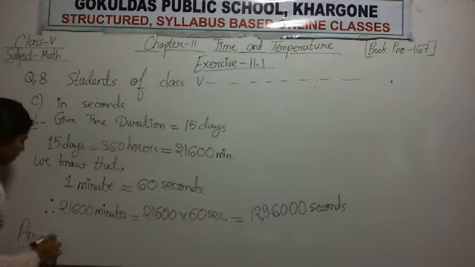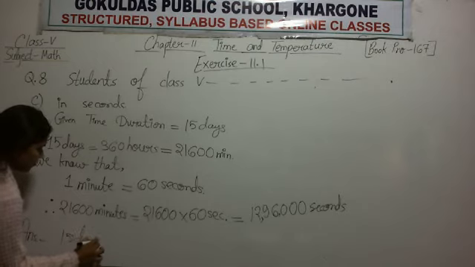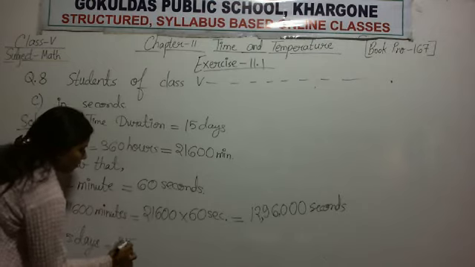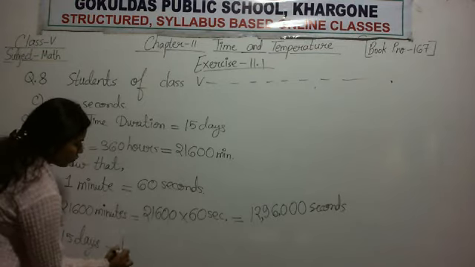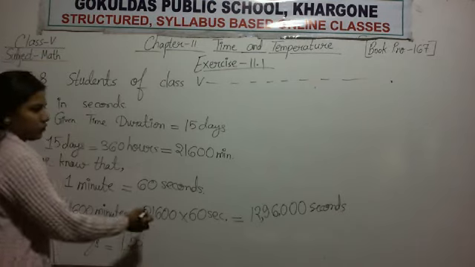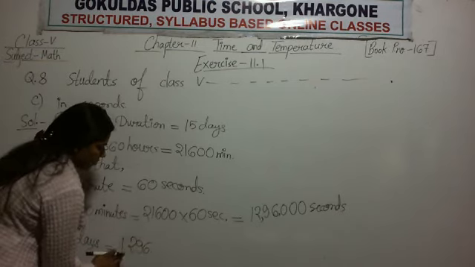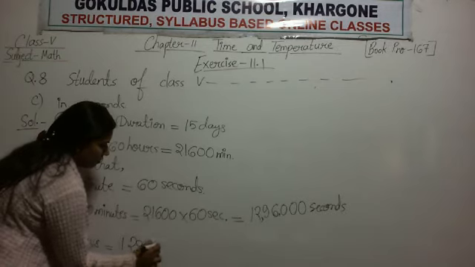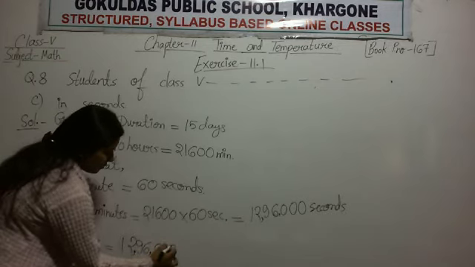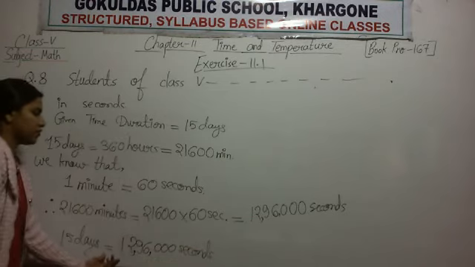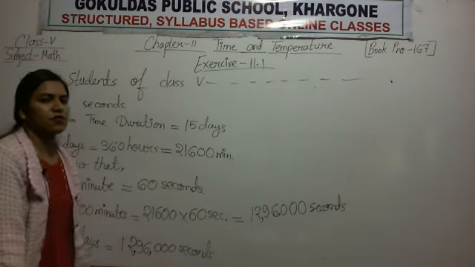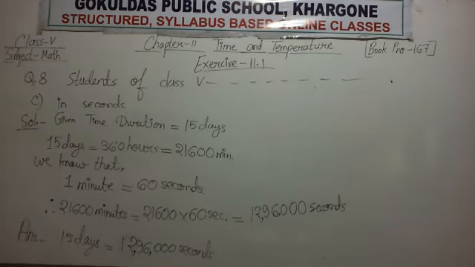So final answer will be 15 days is equal to 12,96,000 seconds. 15 days will be equal to 12,96,000 seconds. Question is over here. Take the screenshot or note it down.